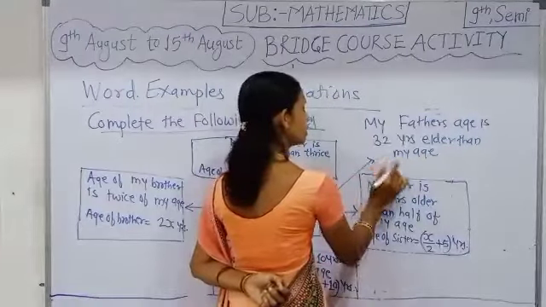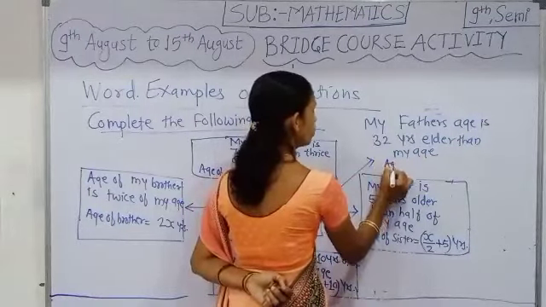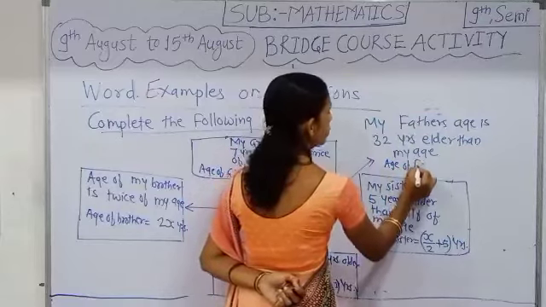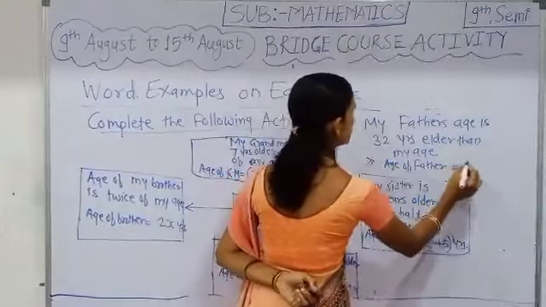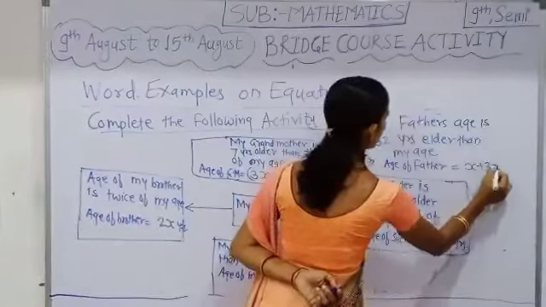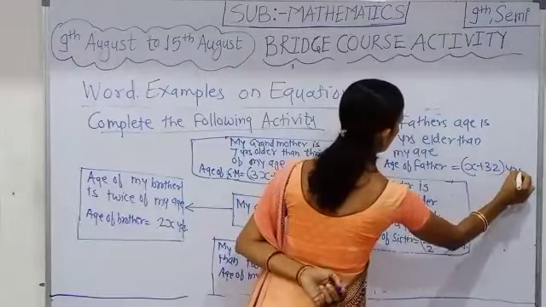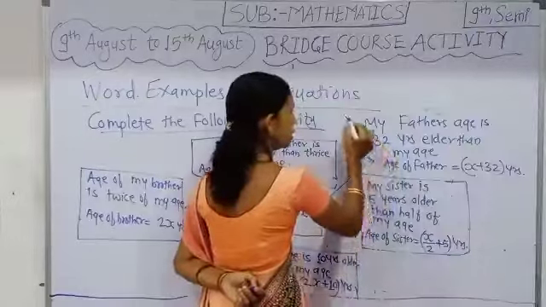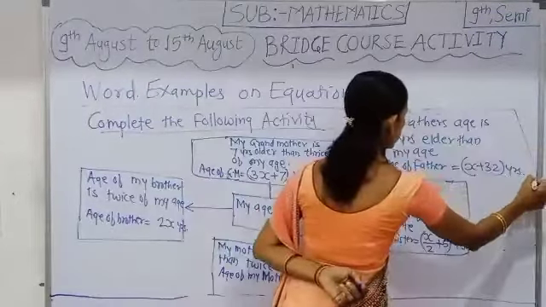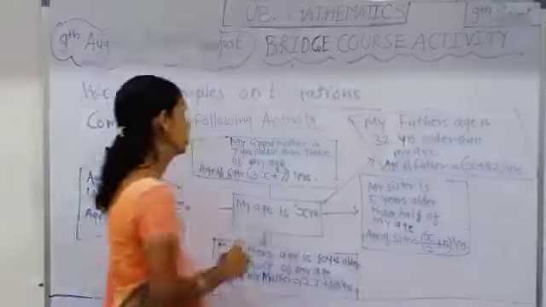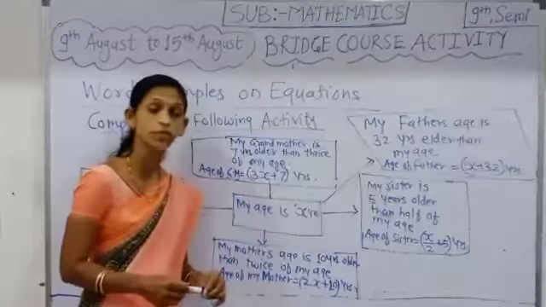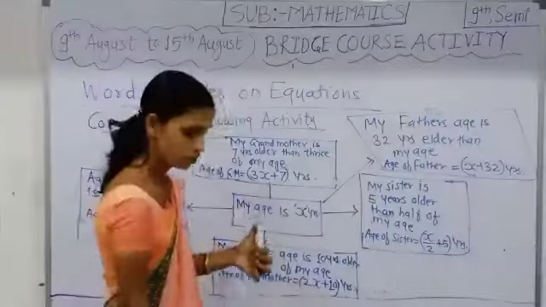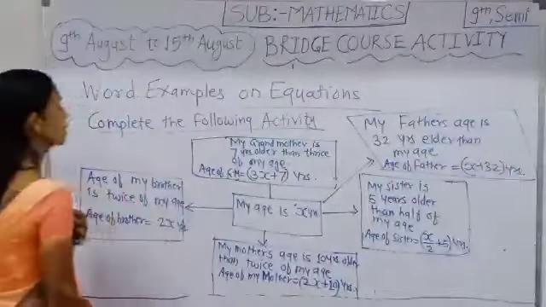Therefore the age of my father is x plus 32 years. Then see here, a few word examples of equations are given here.